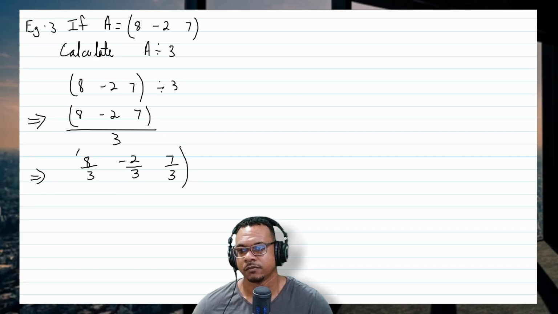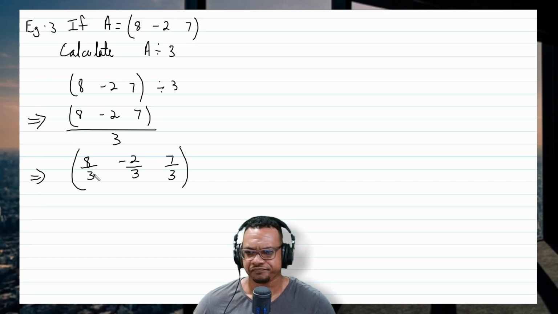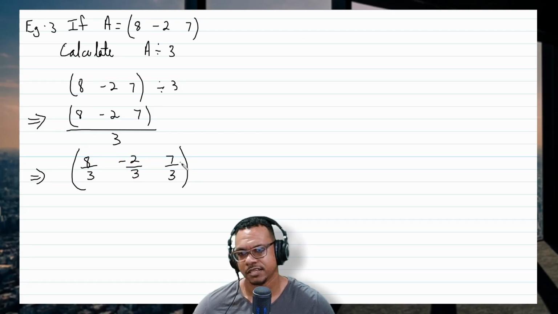Now, 8 over 3 is positive, so you can write the mixed number. The -2 over 3 will be negative because one is negative, one is positive. 3 into 8 is 2, remainder 2.